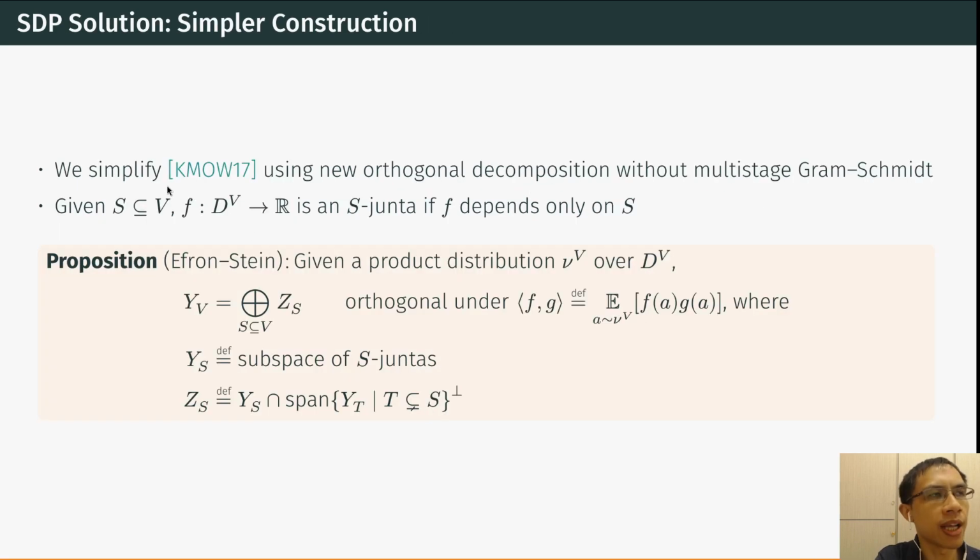We also generalize the SDP solution by Kothari, Mori, O'Donnell, and Wu using a generalized Efron-Stein decomposition. Efron-Stein is an orthogonal decomposition for functions from a product space. There is a subspace of functions for every subset S, and these subspaces are orthogonal to each other.